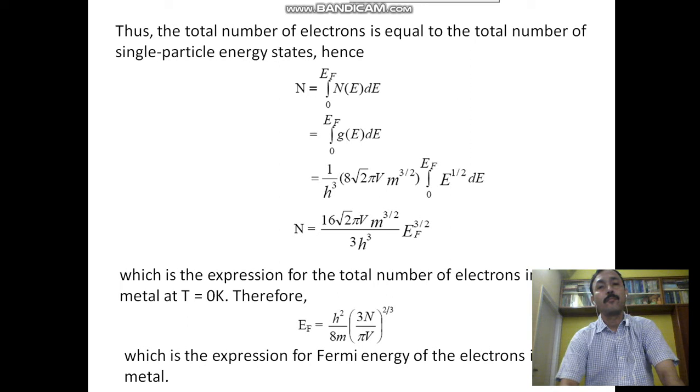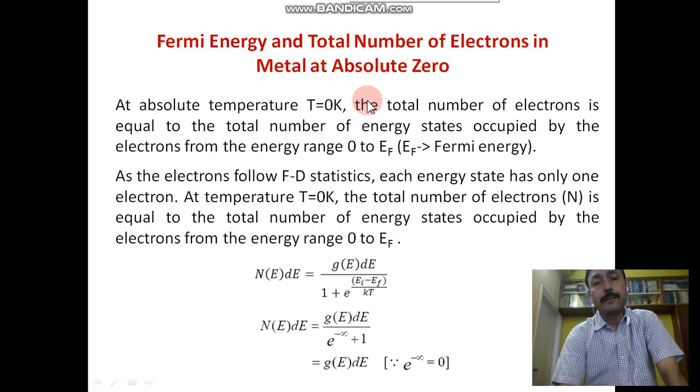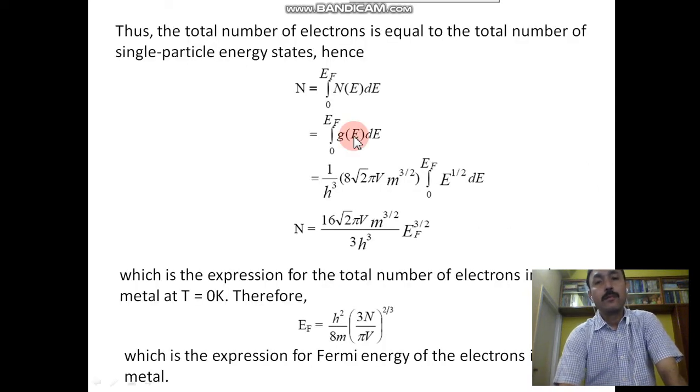Hence, N is equal to the integration from 0 to Fermi energy EF of N(E)dE. Already we have calculated that N(E)dE means g(E)dE at absolute zero for Fermi particles.